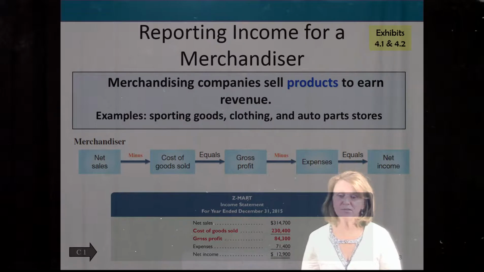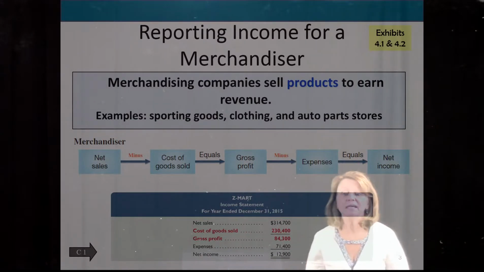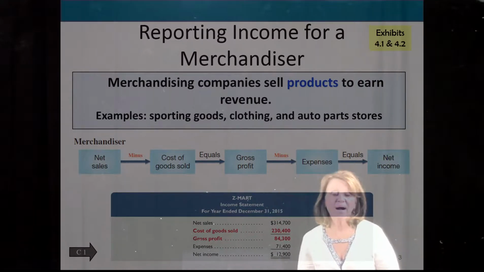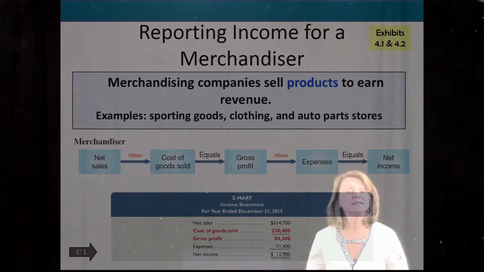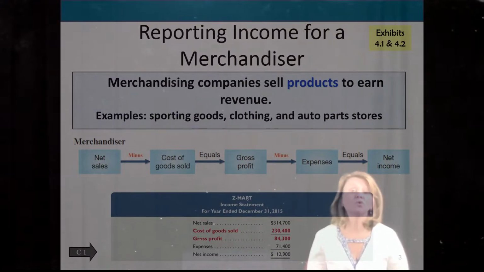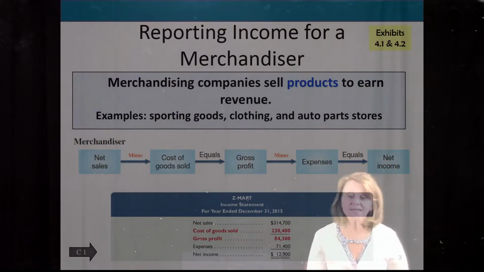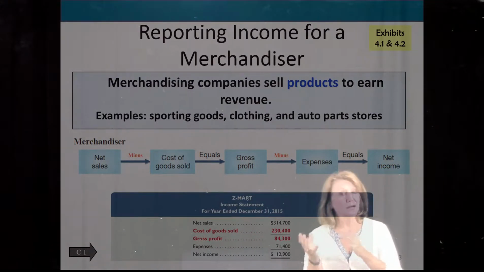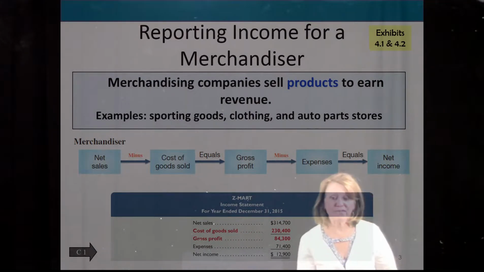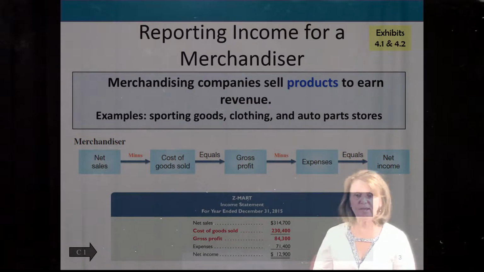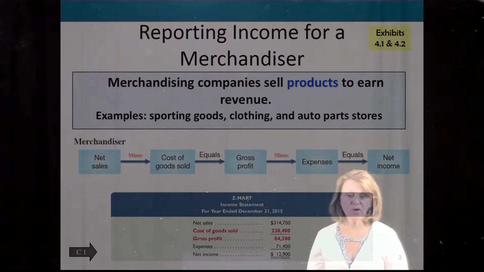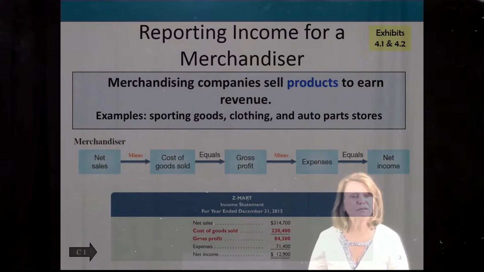A merchandiser has net sales minus cost of goods sold equals the gross profit, minus other operating expenses equals their net income, or net loss if the expenses and cost of goods sold are greater than their revenue. So this is how their income statement would look. Z-Mart Corporation income statement for year ended December 31st, 2015.